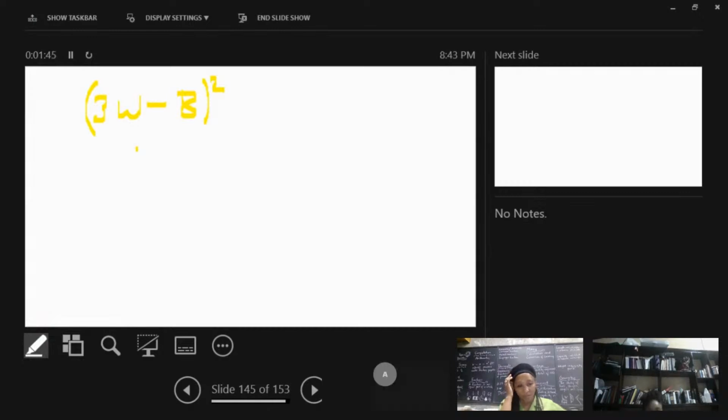So in brackets we have 3w minus 8 and then we're raising that to the second power. 9w squared minus 48w plus 64. All right, very good.